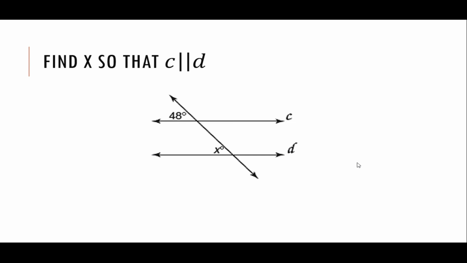So we want to prove that these two lines are parallel. Remember the postulate they gave us: if the corresponding angles are congruent, then the lines are parallel. So are these corresponding angles?